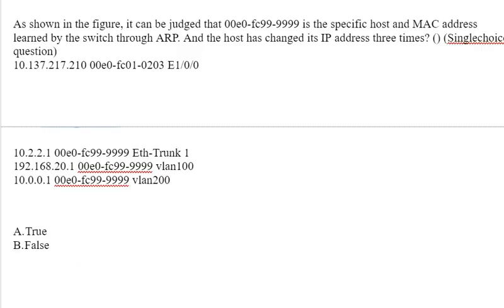Next question is, it can be judged that this is the specific host and MAC address learned by the switch through ARP, and the host has changed its IP address 3 times.